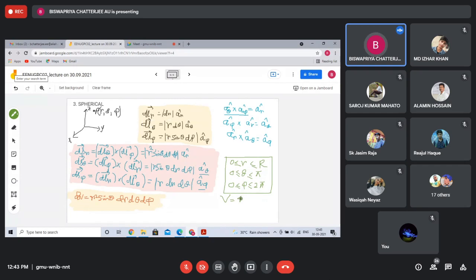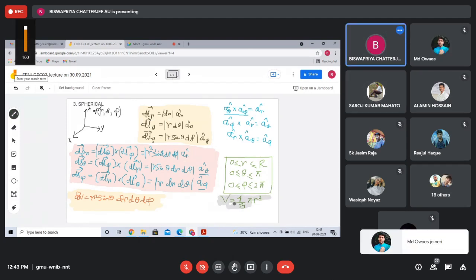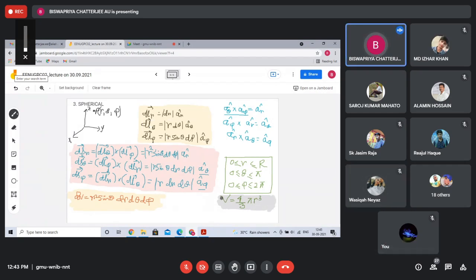What is this? Can you figure it out? What is 4 by 3 pi r cube? The volume of the sphere. That is why this system is called the spherical coordinate system.